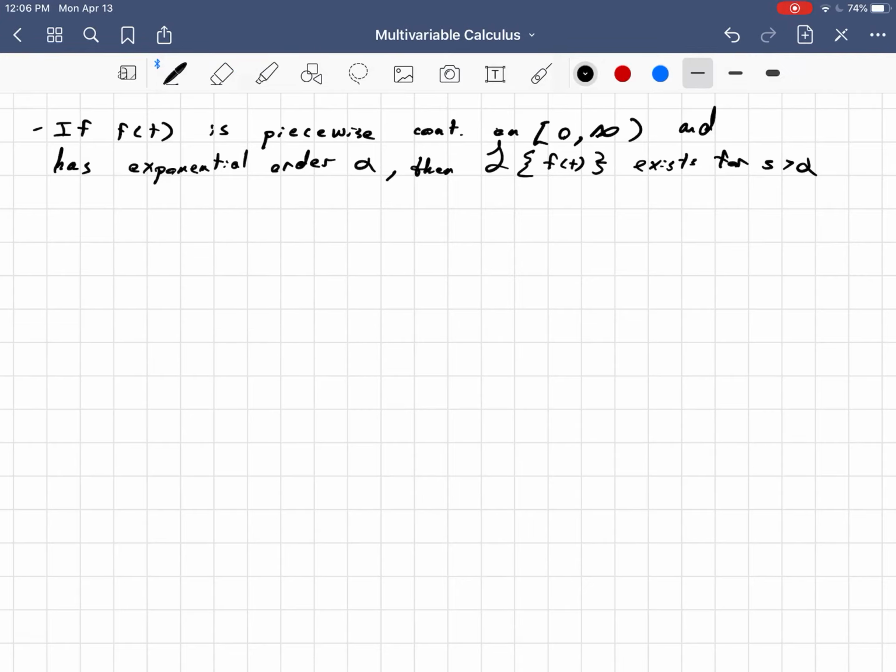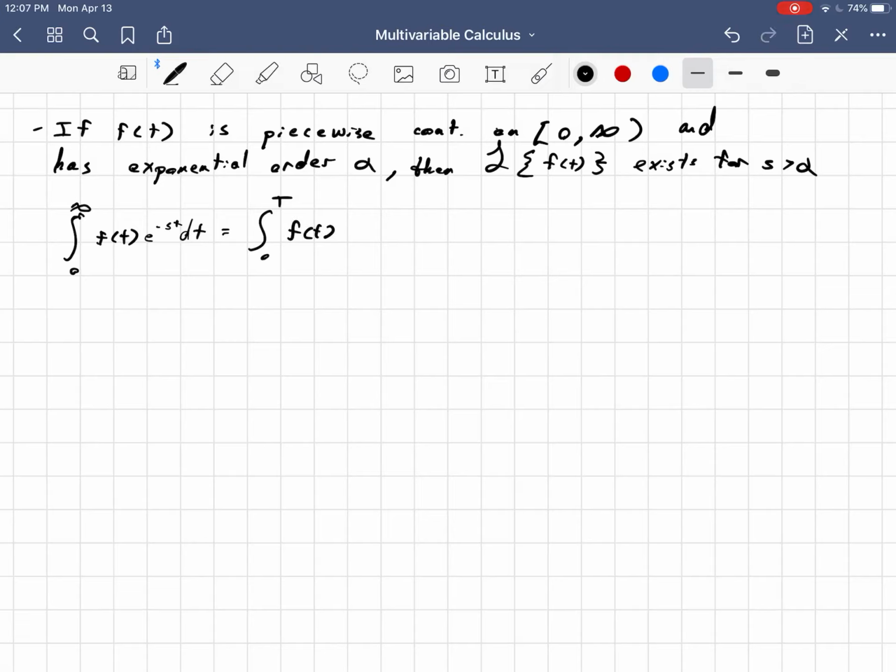So how will I prove this existence? The Laplace transform of f of t is the integral from 0 to infinity of f of t times e to the negative st dt, by definition.